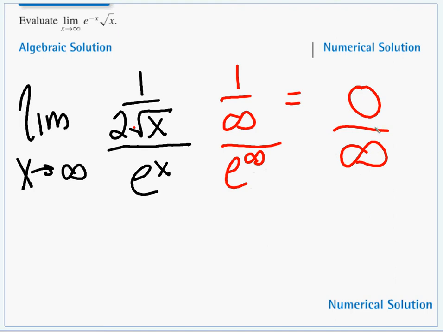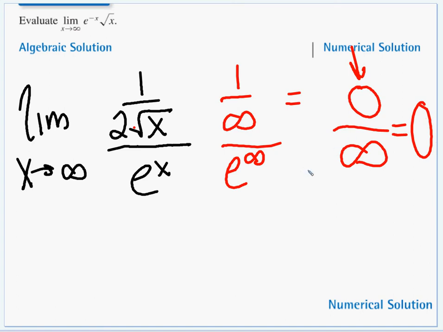Oh, excuse me, if that was a 1 or a 2, it's a finite numerator. Same thing here, it's finite, it's 0, over an infinitely large and growing denominator. Our limit is heading for 0.